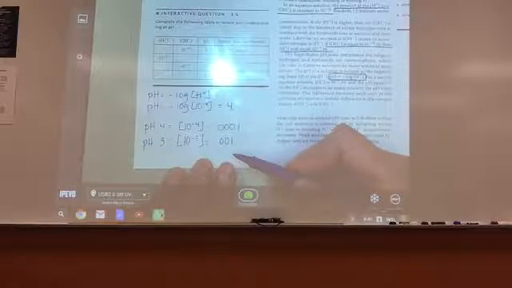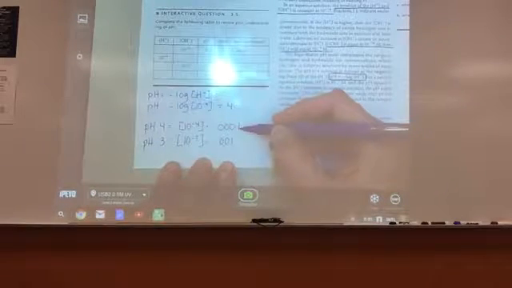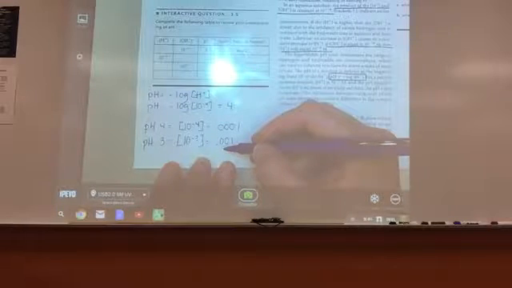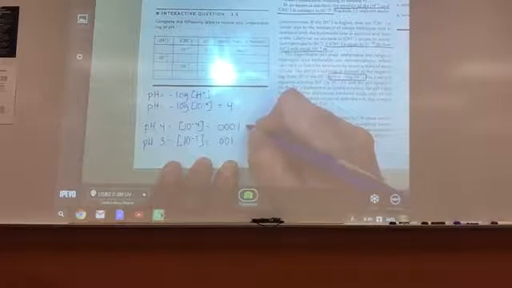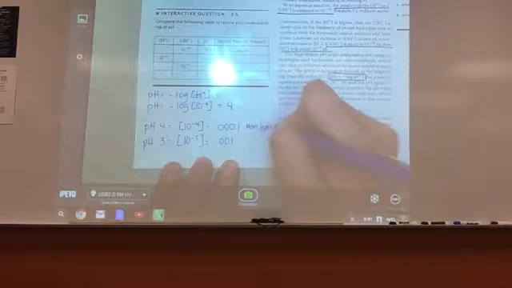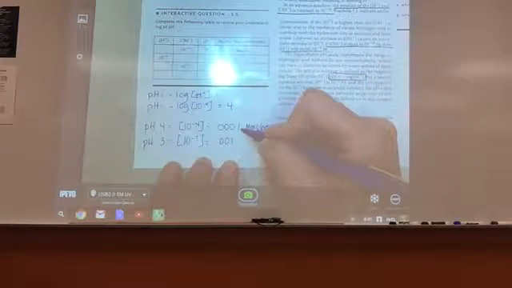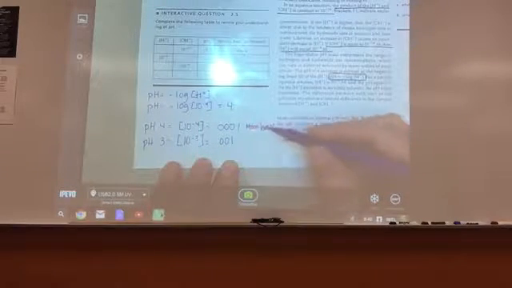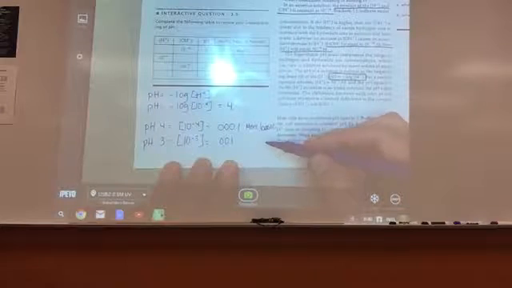Notice the difference here. It's a tenfold difference. So is a pH of 4 more acidic or basic than a pH of 3? More basic, right? So this is more basic in relationship to one another. And what does that mean in terms of the hydrogen ion concentration compared to the pH of 3? Would that hydrogen ion concentration be higher or lower for a pH of 4 versus a pH of 3?